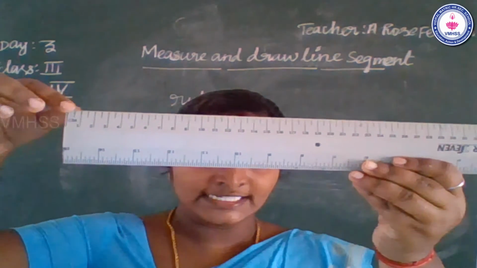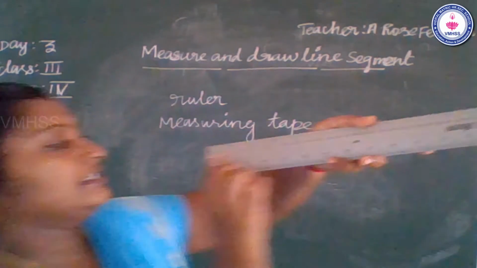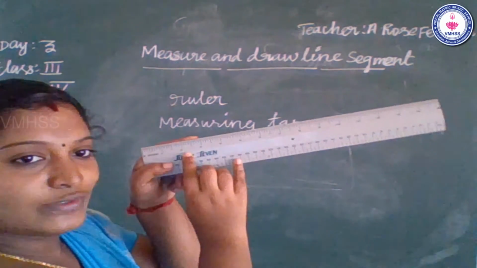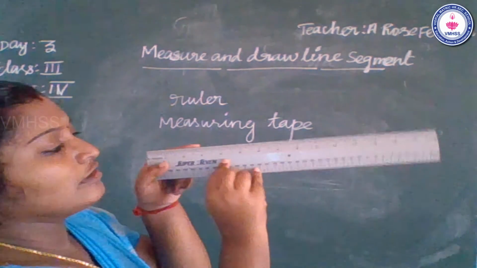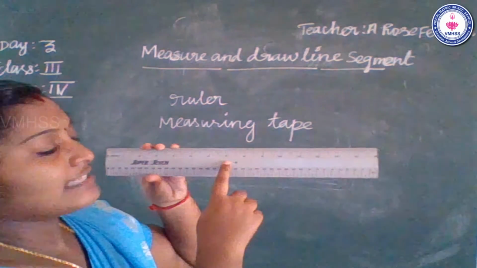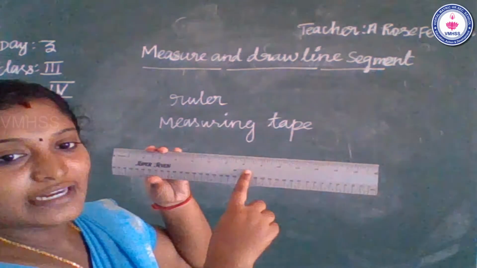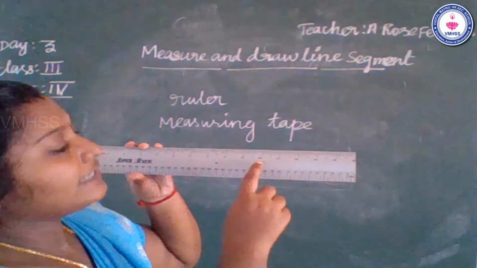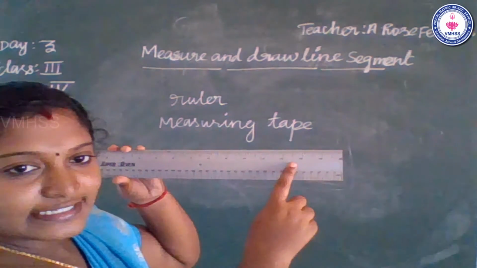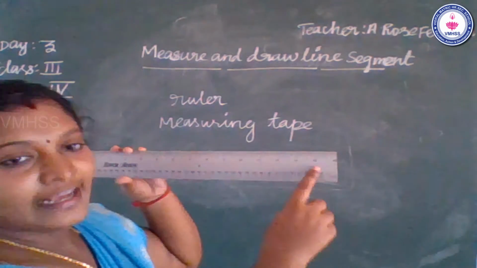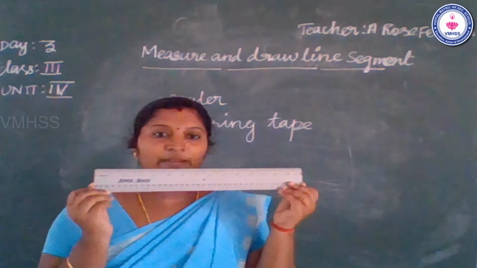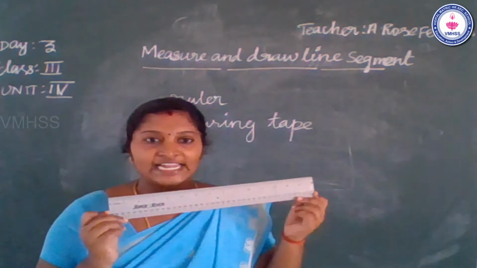So, start at 0: 0 centimeter, 1 centimeter, 2 centimeter, 3, 4, 5, 6, 7, 8, 9, 10, 11, 12, 13, 14 and 15 centimeter. The ruler has 15 centimeter, from 0 to 15 centimeter.